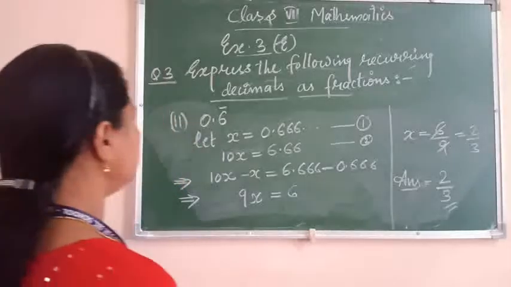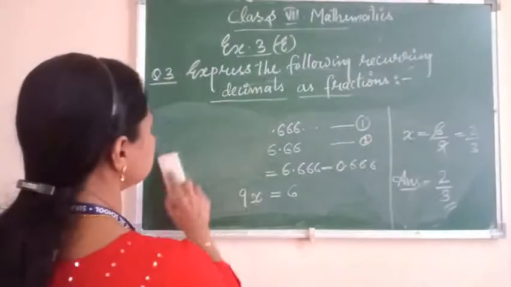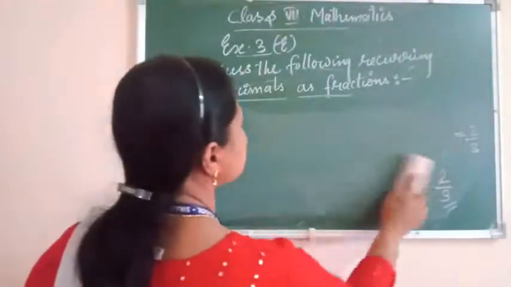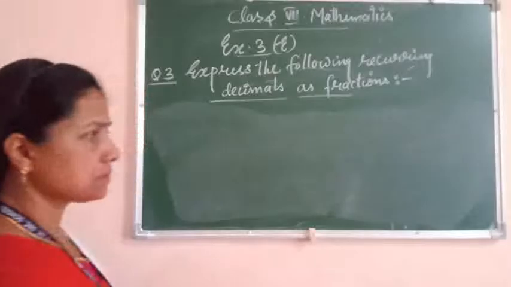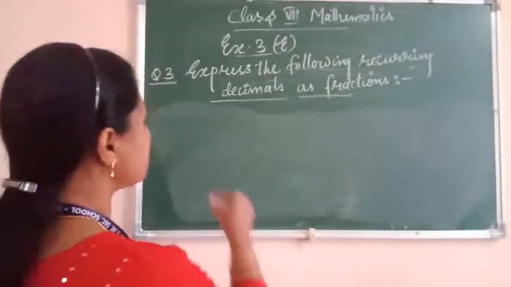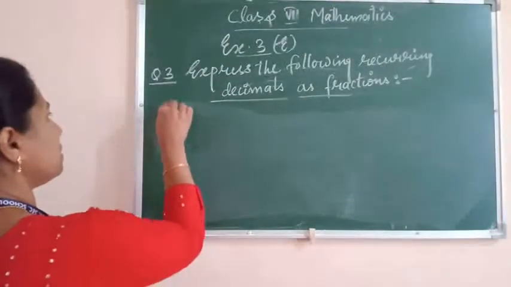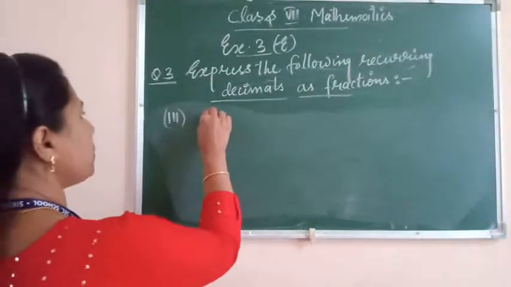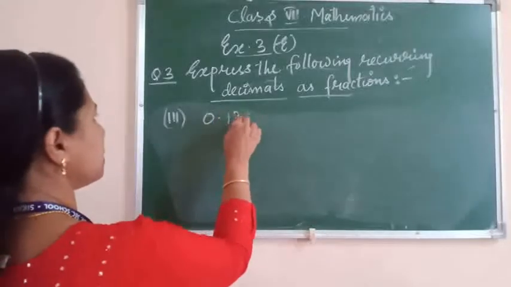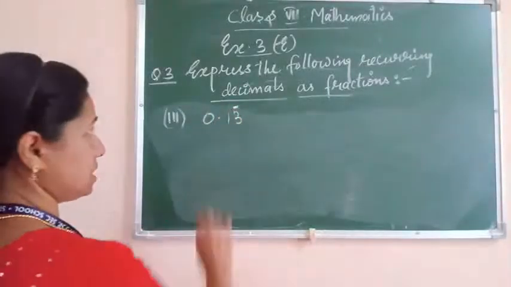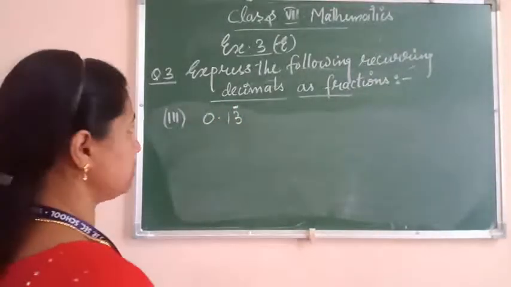Now the third question. In the third question it is given 0.13. Here digit 3 is repeating. Here also only one digit is repeating.